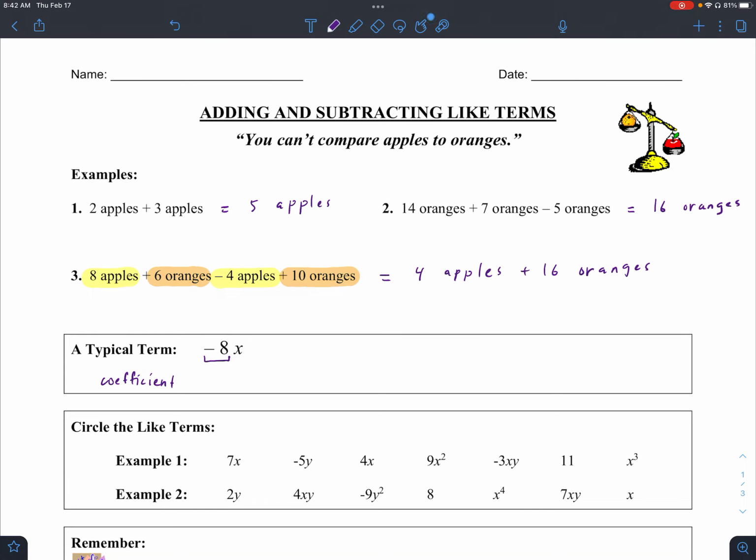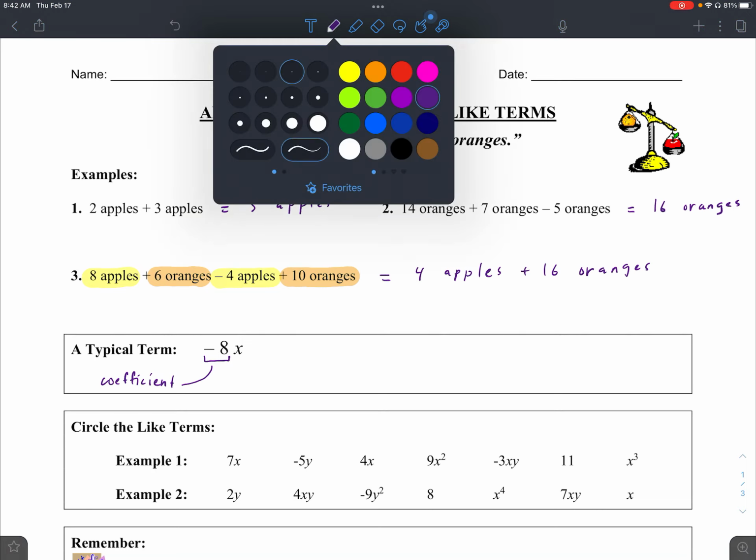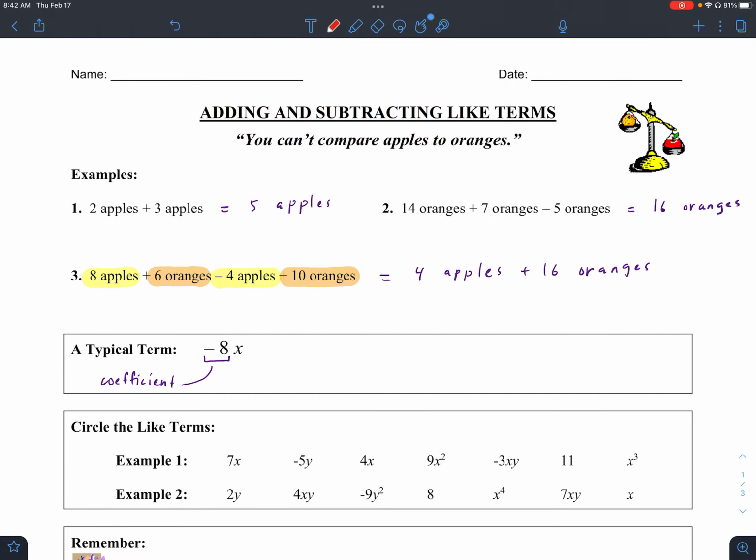What we have beside the coefficient is a variable. We have talked about variables before already.